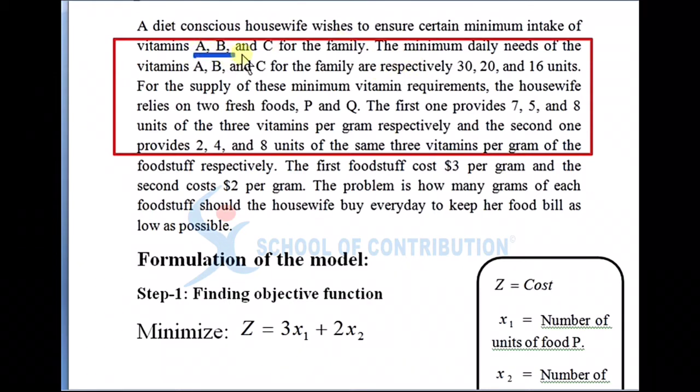The housewife needs 3 kinds of vitamin. One is called A, one is B, one is C, and the minimum requirements for vitamin A, B, C are 30, 20, and 16 units.